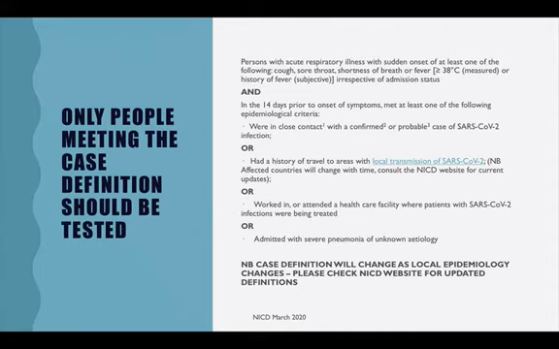So either within the last 14 days, your patient was in close contact with a confirmed or probable case of COVID-19, had a history of travel to an area with local transmission or to a high-risk area, and you can find the areas on the WHO and the NICD website, or your patient either worked in or attended a healthcare facility where patients with COVID-19 infection were being treated, or the patient is being admitted to ICU or high care with a severe pneumonia and you don't know the etiology.